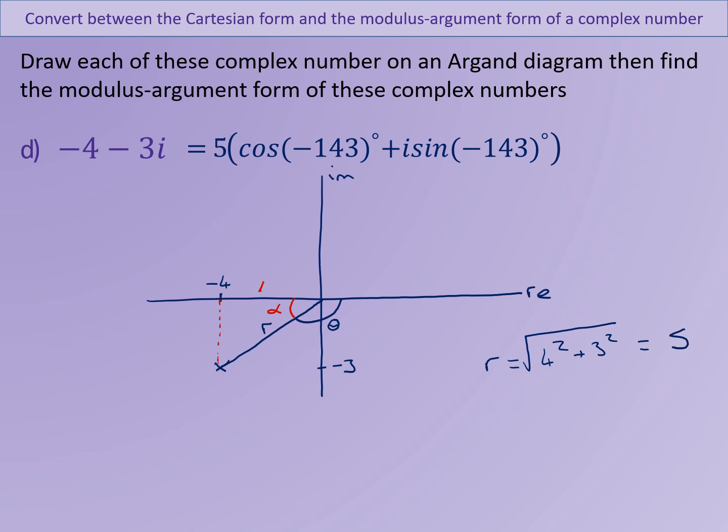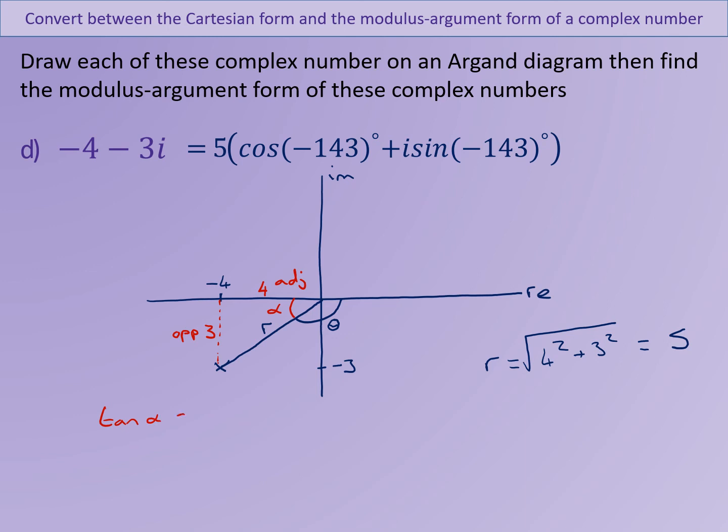Now this side here is 4. I know that it's -4 on the diagram, but because lengths are always positive, I'm just going to use the number 4. And then the height of the triangle is 3, again because lengths are positive. So to find alpha, that's your opposite side, that's your adjacent side, and use tan.